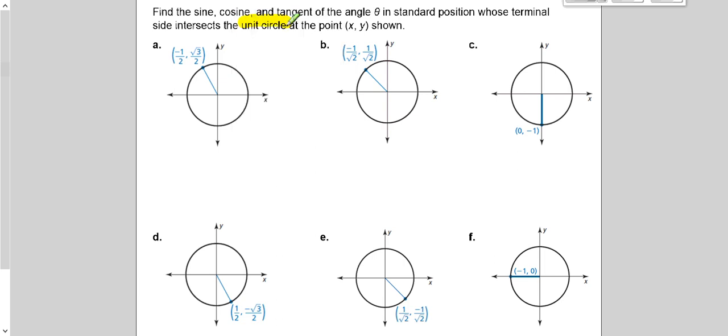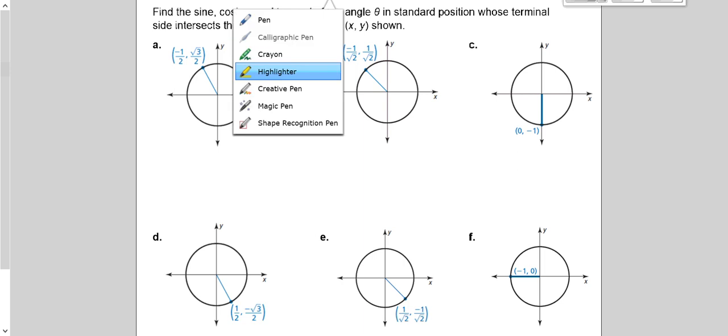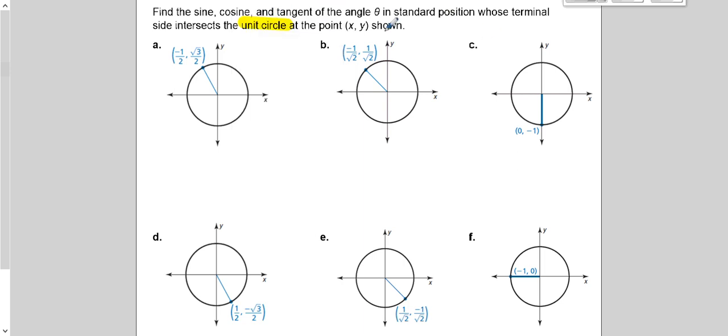This is the unit circle. All of these are a unit circle. That means the radius is 1. And because the radius is 1, our x and y is going to be our cosine, sine. Remember, s is in the middle.